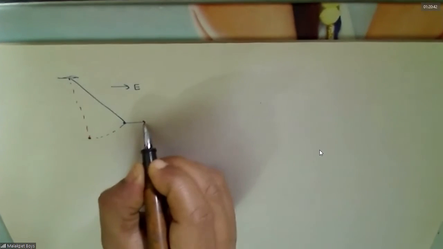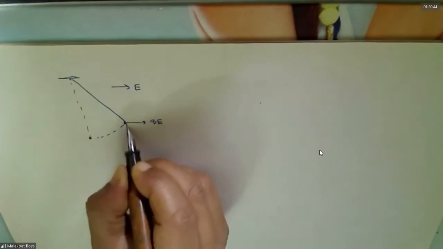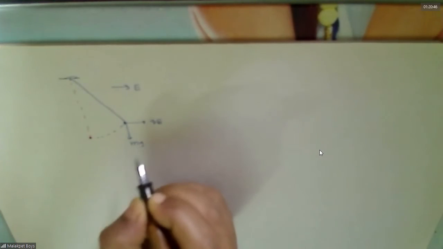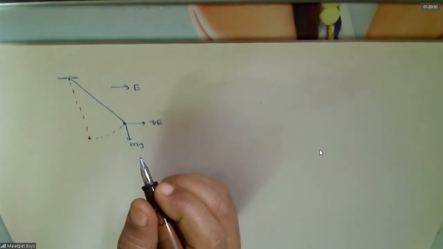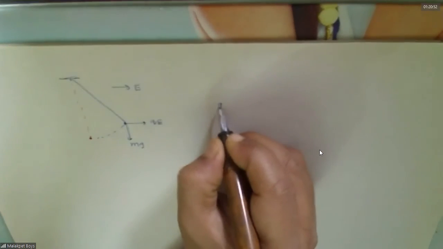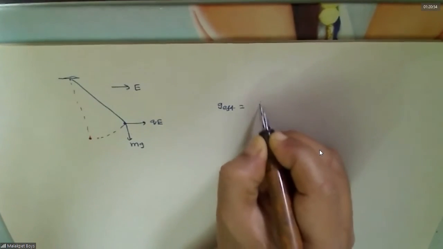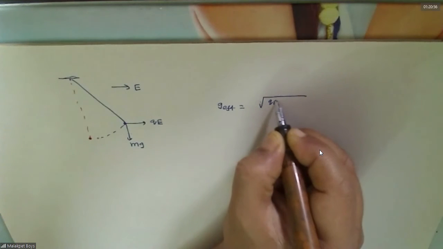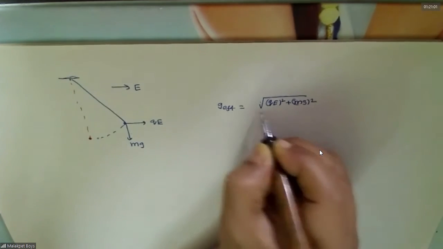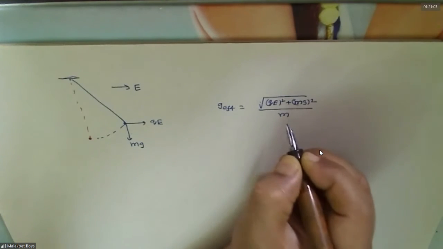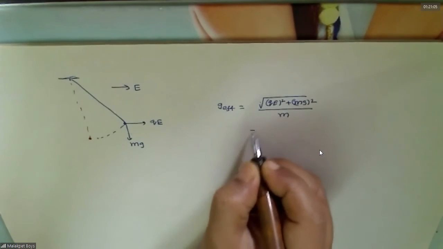So there is a force here. Agreed. So what is the effective g now in this case? They are perpendicular now.